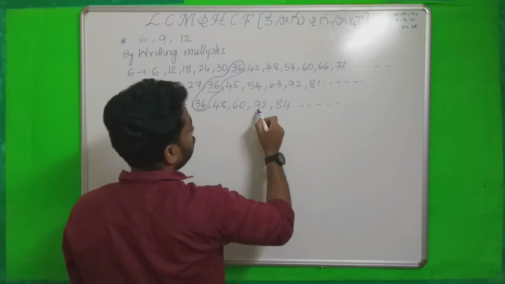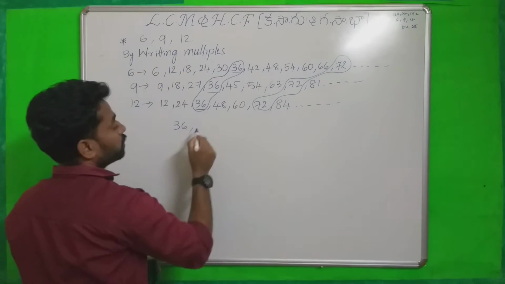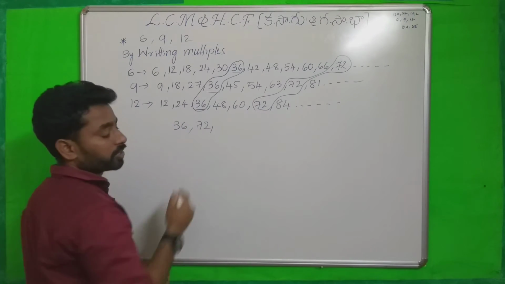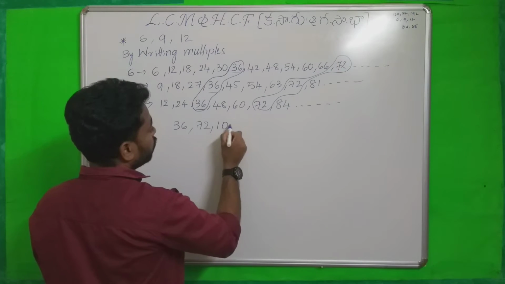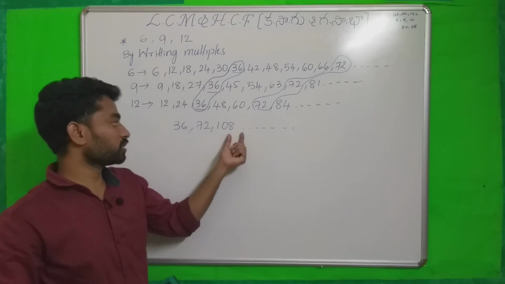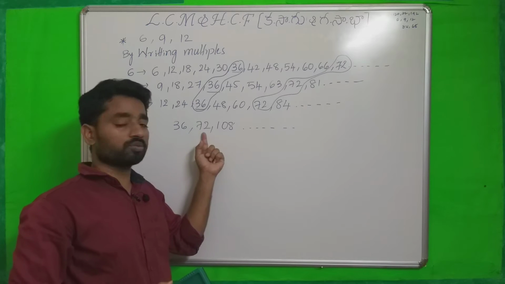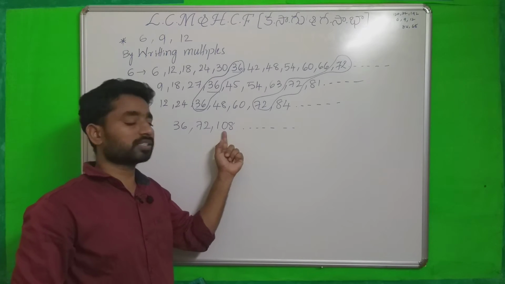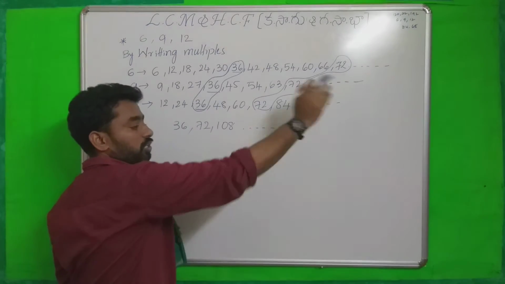The next common multiple is 72. Next you will get 108, so on. Why I am saying this: 36 ones are 36, 36 twos are 72, 36 threes are 108, and 36 fours are also like that.